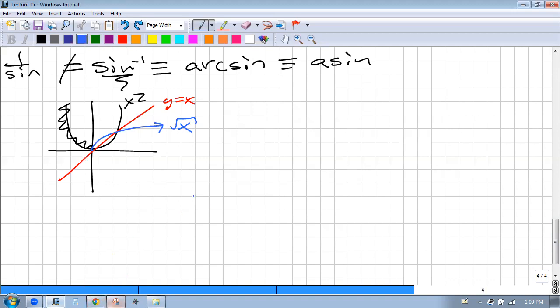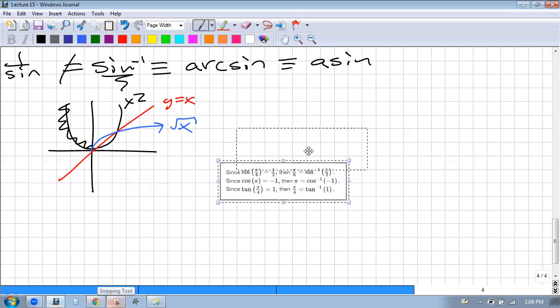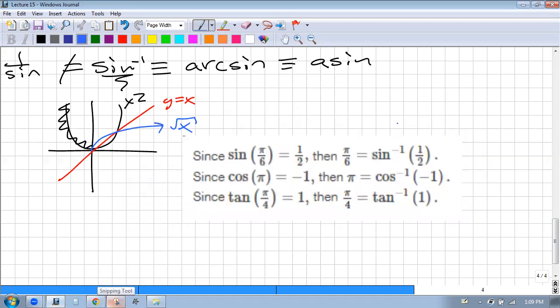So what do I have here? Here's some stuff. So sine of pi over 6 is a half. That means sine inverse of half is pi over 6. So we like to think of the numbers that go into sine and cosine as being angles, right? And then it spits out some number between -1 and 1. Well, we like to think of the numbers that come out of the inverses as being angles then, right?